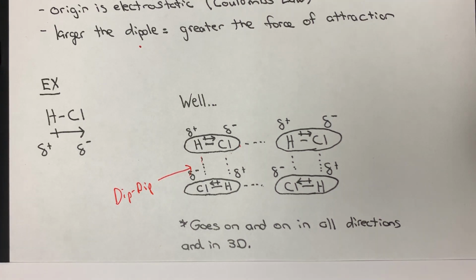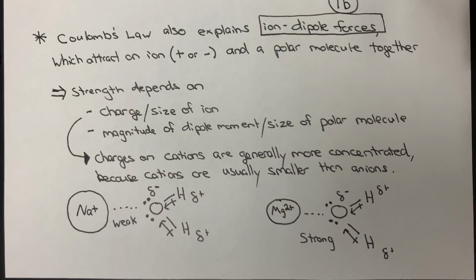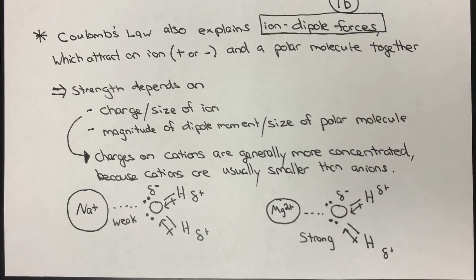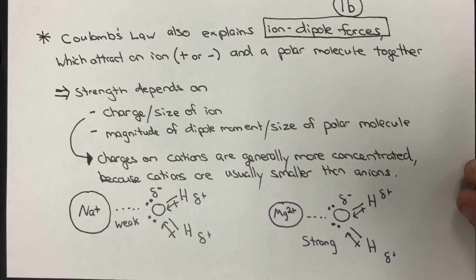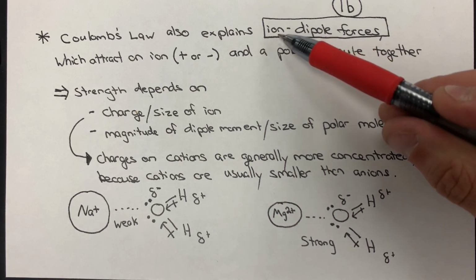Not just a snapshot of 4 molecules, but some insanely large number of molecules, and also in 3 dimensions, okay? So besides the familiar dipole-dipole, we can also discuss what are called ion-dipole forces. So instead of having 2 molecules that are both polar, in this case, we're just going to have one molecule that's polar, and that's going to interact with an ion.